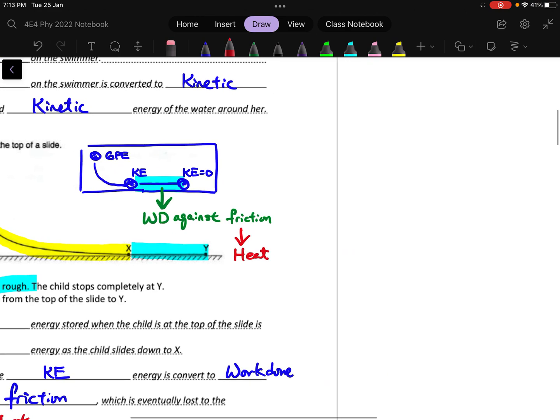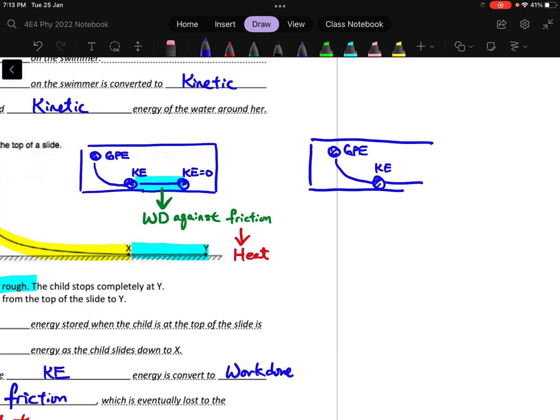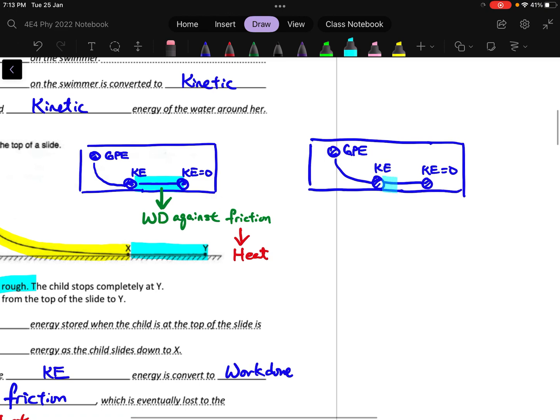Now I just want to highlight there is a difference if you interpret it this way. So this GPE, slide down, reaches X, then you reach here, KE becomes 0. Right, and this is the part. So some of you in your writing, you may say that, oh, as the child is moving along the rough surface, yes, there will be energy loss due to work done against friction, and then you will say, and it will lose energy as heat loss.